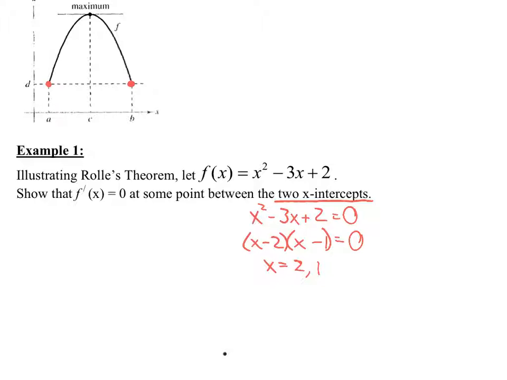All it says is to prove that it exists, okay? Prove that there is a point where the derivative equals 0, okay? So we've got a couple of things here that we need to do to prove this, all right? One, and we think back through Rolle's theorem, the first thing that it said is that it had to be continuous and differentiable over the interval. Well, now we know what interval we're talking about. We're talking about the interval from 1 to 2, okay?